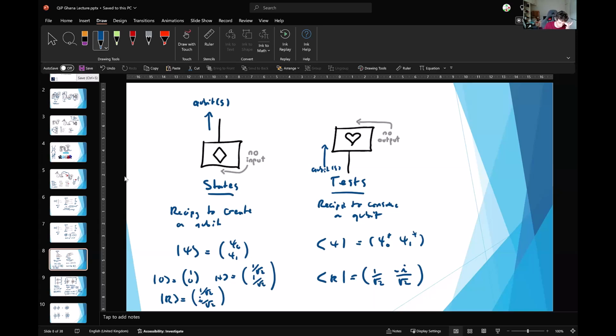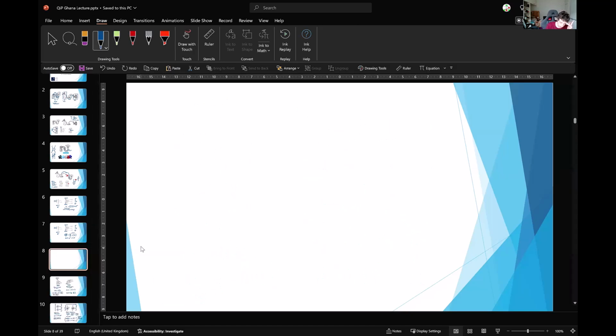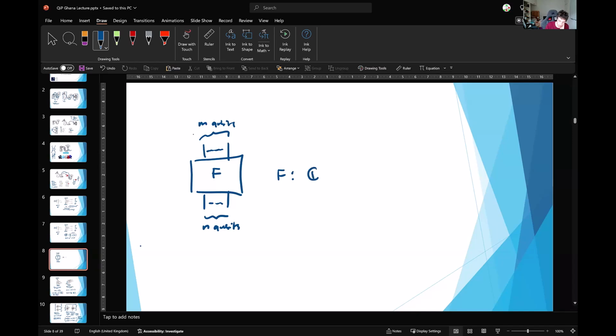In general, if you have a map with any arbitrary number of inputs and outputs, so let's say that you have n qubits in and m qubits out, then this is a map that goes from C^(2^n) to C^(2^m).